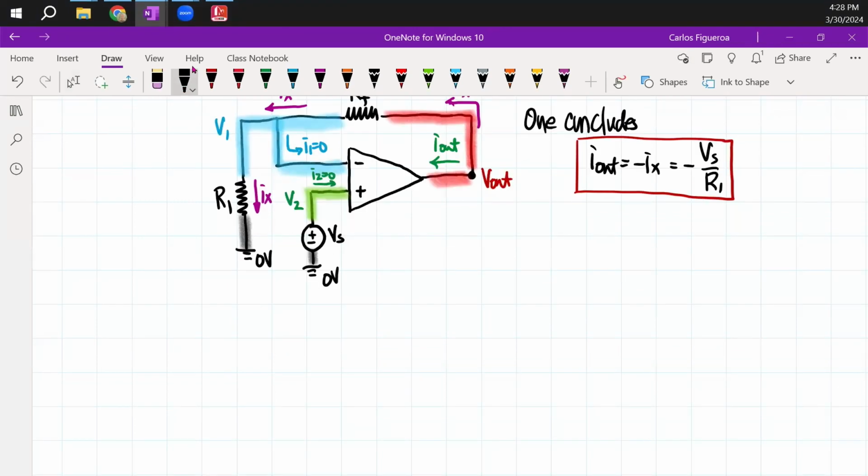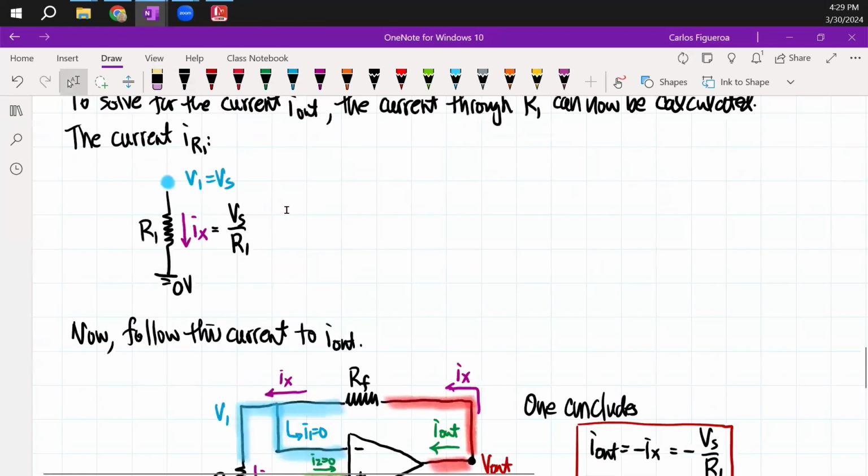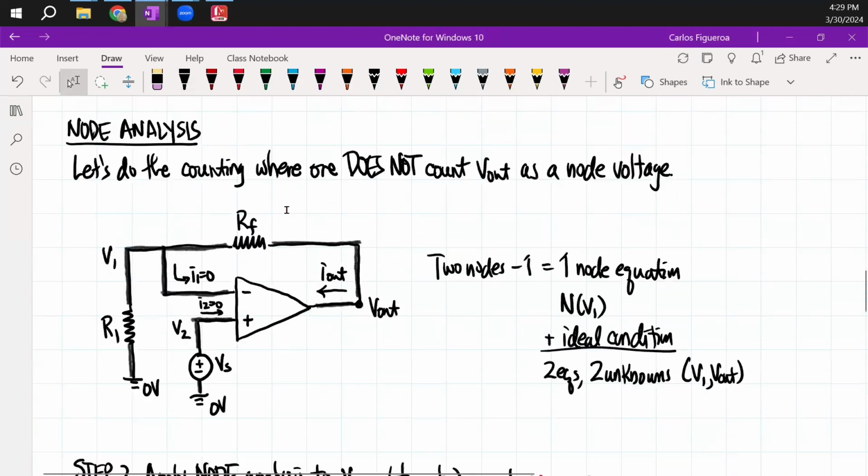Now we want to take the simple circuit approach. So the first thing that I want to do is come back and get that circuit that we had initially.